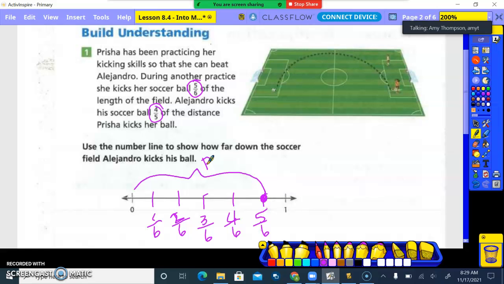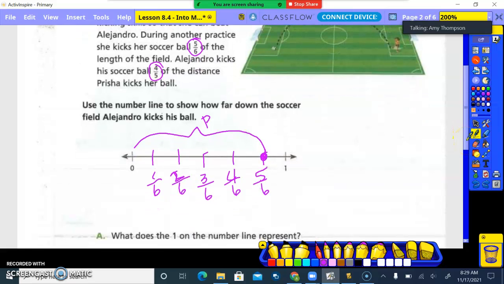Then of that 5/6, how many? So we have 5 spots, right? 1, 2, 3, 4, 5. Of those 5 spots, how many did Alejandro do? 4, right?